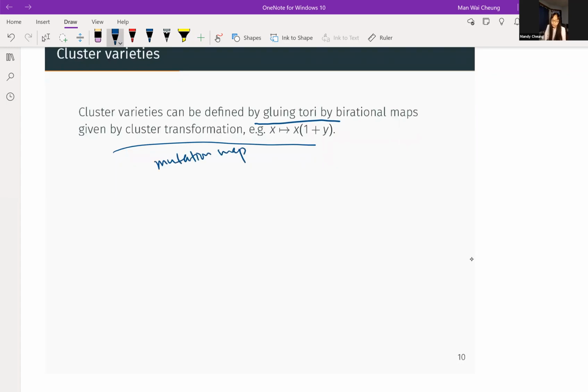For example, one of them is x maps to x times (1 plus y). The reason behind this, which we gave last time and you can find in the video and chat, is that this 1 plus y is nothing but a blow-up of a toric variety.